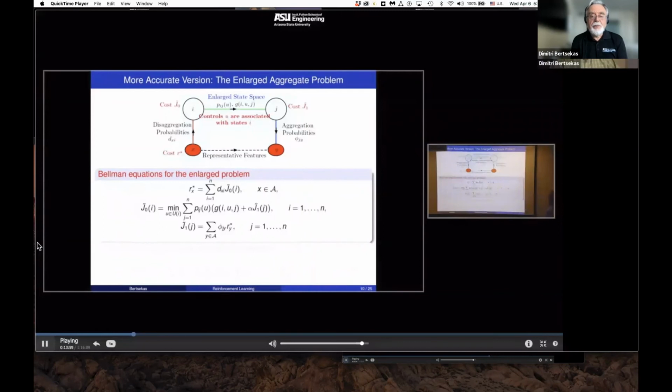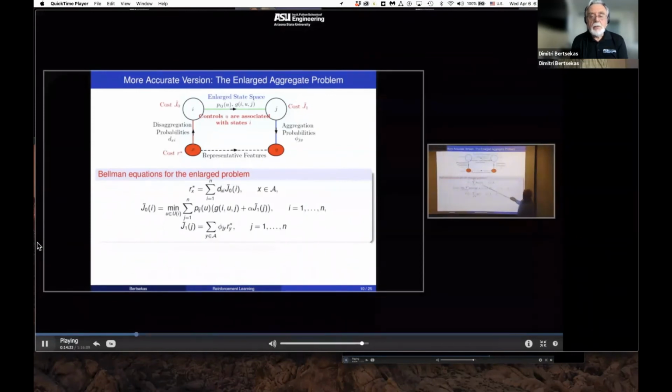Okay, so now I have an enlarged problem. I have, of course, the full transition mechanism through the aggregation, disaggregation probabilities, and transition probabilities of the original problem. And I have Bellman equations. There's one Bellman equation for this cost, another for this cost, and another for this cost. The first one is this one, right?